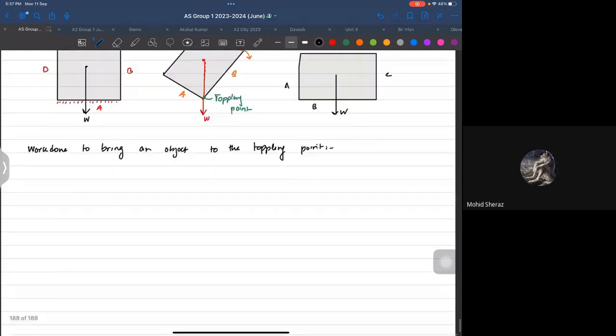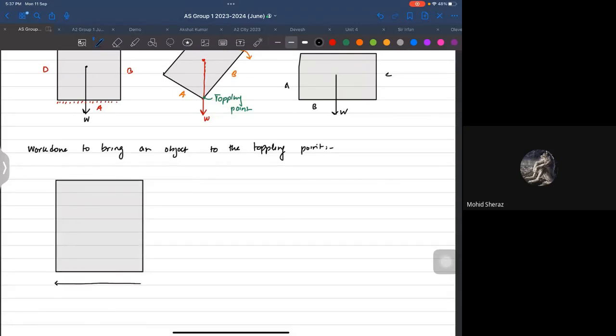So assume that we have an object given like this, which has certain dimensions again. It says 2 meters from here. I may not be very accurate with the drawings. This is 4 meters.